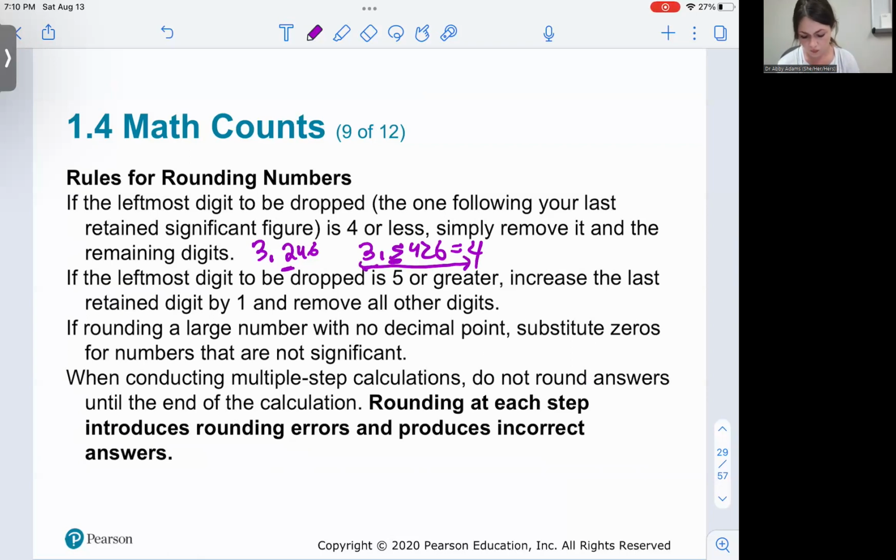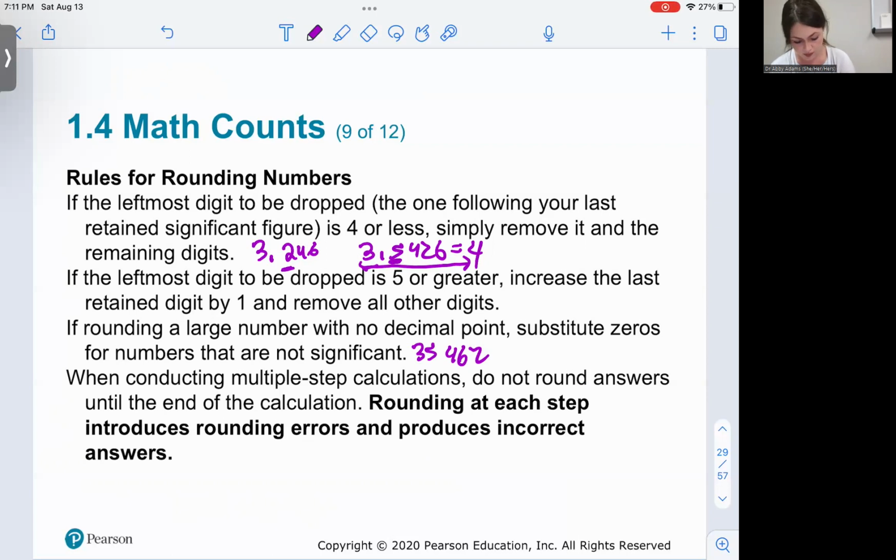Okay. For rounding a large number with no decimal, substitute zeros for numbers that are not significant. And we're going to have examples of that in the problems that we're about to do. If rounding a large number with no decimal point, substitute zeros for numbers that are not significant. All right. Let me just show you an example here. 35,462.